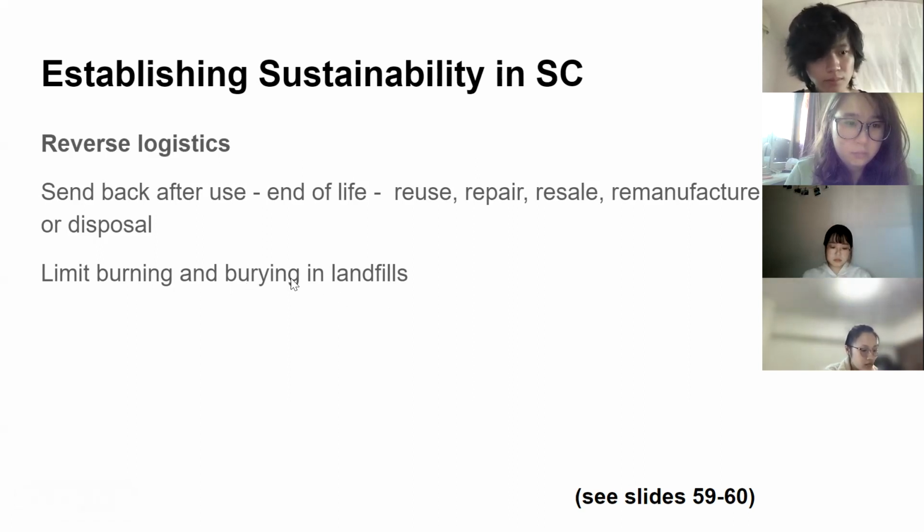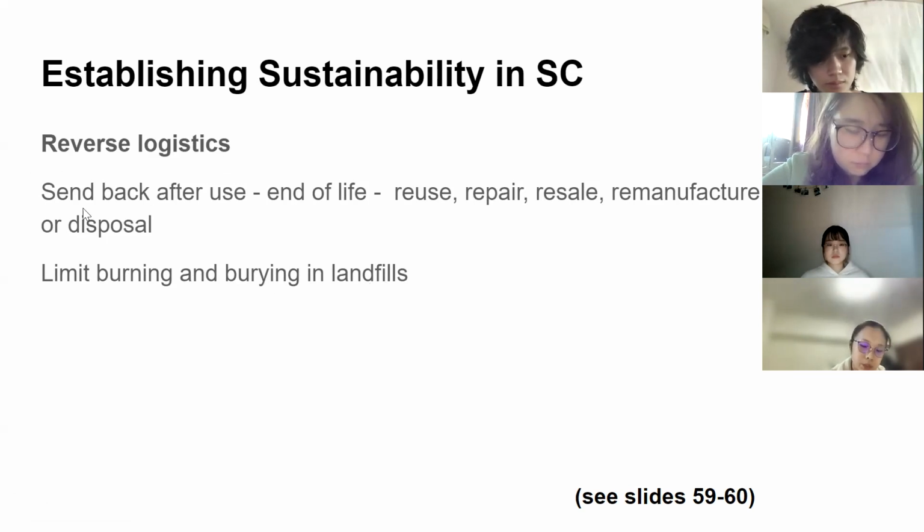That is very environmentally damaging and also unsustainable. So we buy things and we use them, and we burn or bury them. You put it under the ground, okay? Landfills. How much do we actually practice so-called reverse logistics?